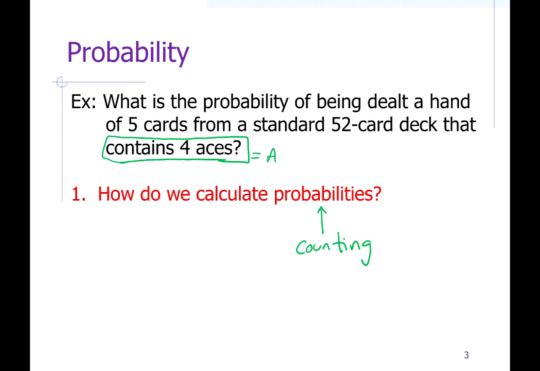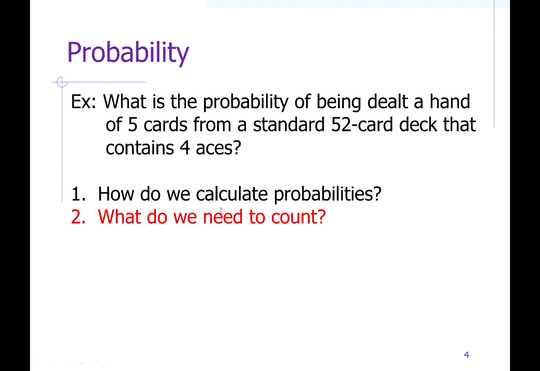And the procedure is being dealt a hand of 5 cards. So we need to know how many different ways you could be dealt a hand of 5 cards, and we need to know how many different ways a hand can contain 4 aces. So it's always counting, and we have to count 2 things. How many ways can our event happen? How many ways can our experiment happen?